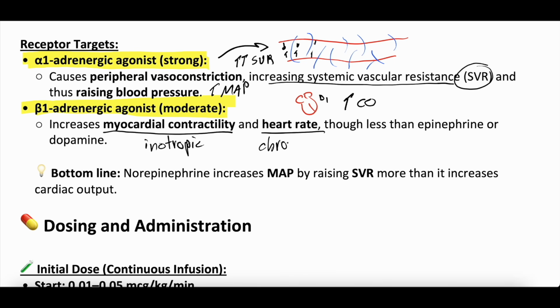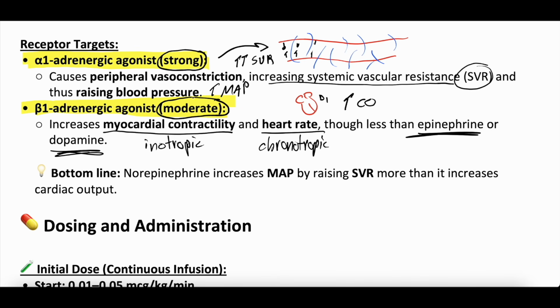And then it has some mild chronotropic effects, which is an increase in heart rate. This is less than epinephrine and less than dopamine, which isn't commonly used anymore. But norepinephrine does have some myocardial contractility. The strong effect is alpha-1 peripheral blood vessel vasoconstriction. And then there's a mild to moderate beta-1 increase in myocardial contractility and heart rate with norepinephrine.